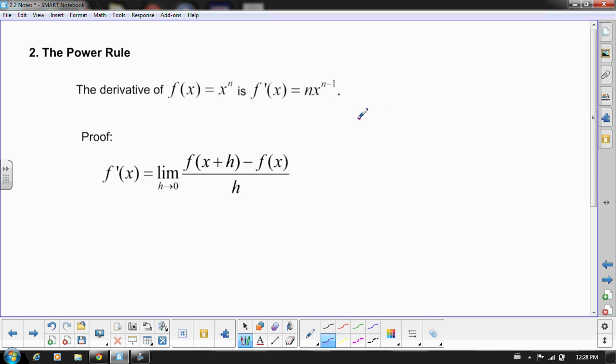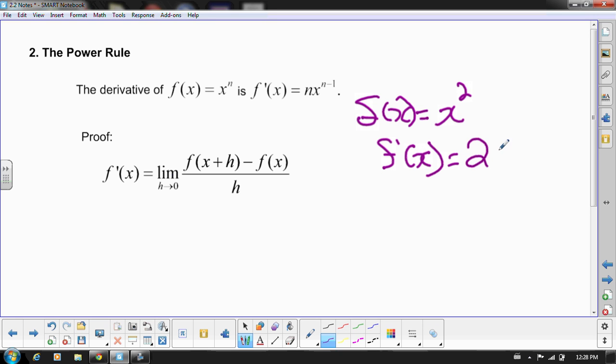So if we were to take f of x equals x squared, what the power rule is telling us is that the derivative, so f prime of x, I'm changing the notation to show that I'm getting the derivative, the exponent comes down in front, so that gives me a value of 2. X is going to stay there because that's the defining part of my function. And then the exponent decreases by 1, so we end up with a value of 1.